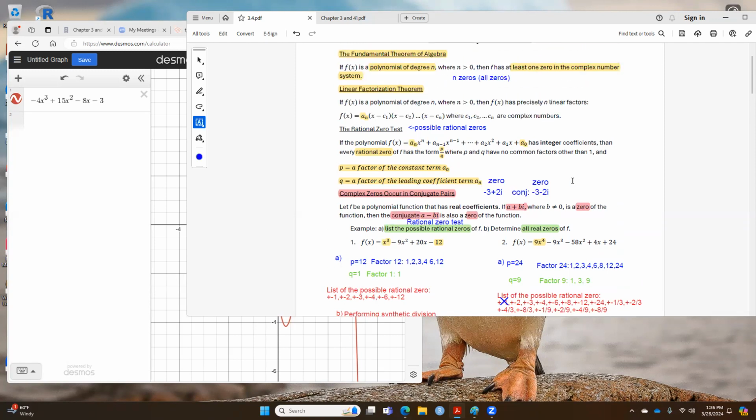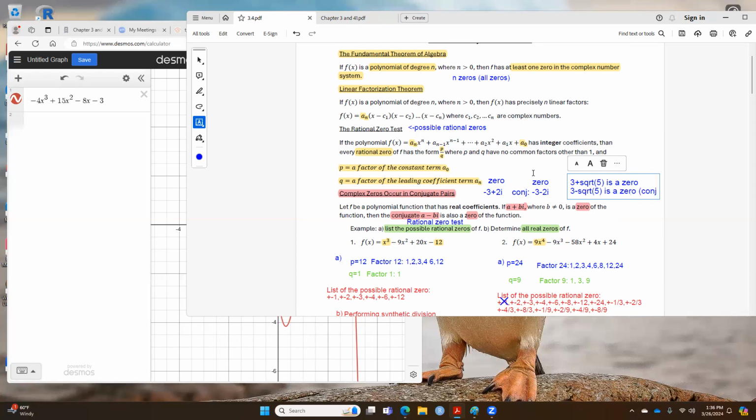Okay, and another type of zero is the square root. So if 3 plus square root of 5 is a zero, then the conjugate, which is 3 minus square root of 5, is also a zero.